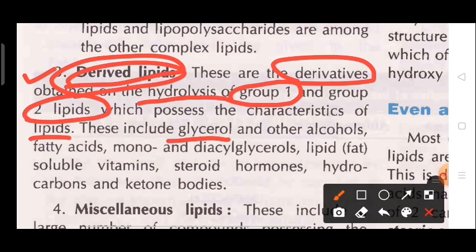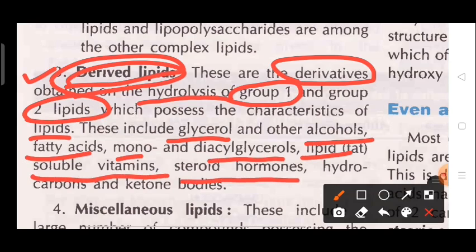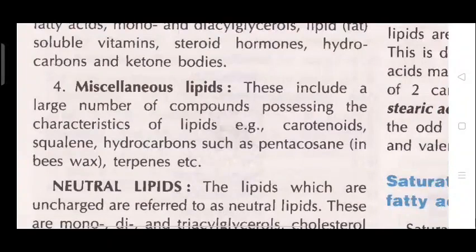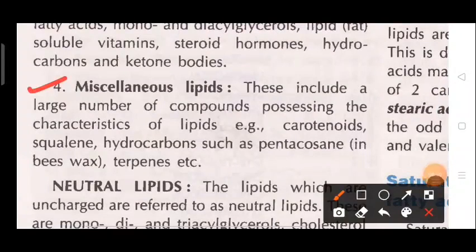These include glycerol and other alcohols, fatty acids, mono and diglycerols, fat soluble vitamins, steroid hormones, hydrocarbons and ketone bodies.